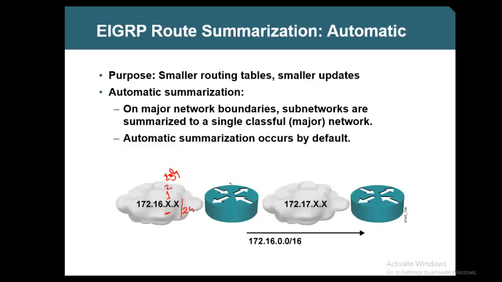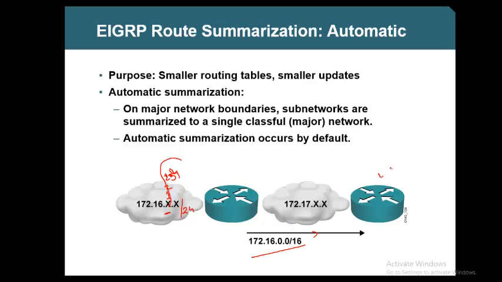You have 254 subnets of 172.16. Instead of advertising these 254 subnets, when you summarize, you advertise only one instead of 254. So definitely the bandwidth utilized is going to be less, because the update is 254 times lower.